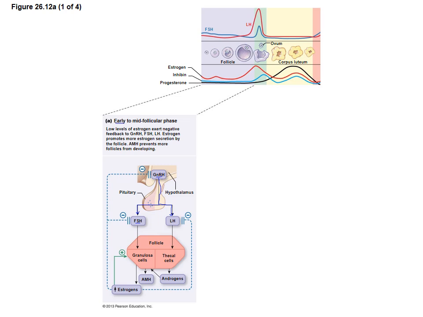So it's under the influence of FSH that a certain group of primary follicles within the ovary begin to mature. Now, as these follicles begin to grow and mature under the influence of FSH, their thecal cells are under the influence of LH.